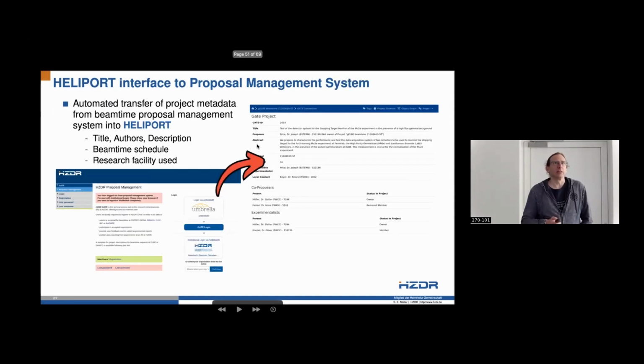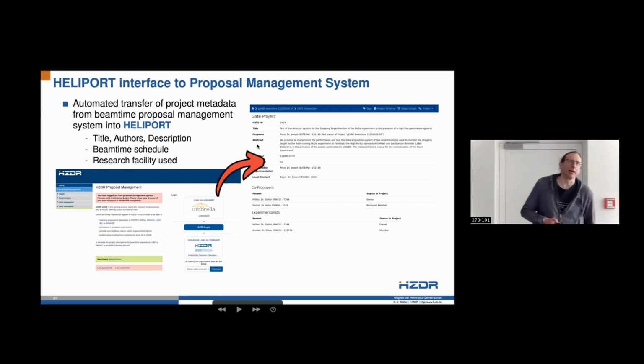But first, the first important step is what Oliver already mentioned, that HELIPORT can interface to our GATE proposal management system, which means that since in the proposal a lot of information is already there, we can automatically import that, like title, the authors, the description, beam time schedule, and which research facility is used.